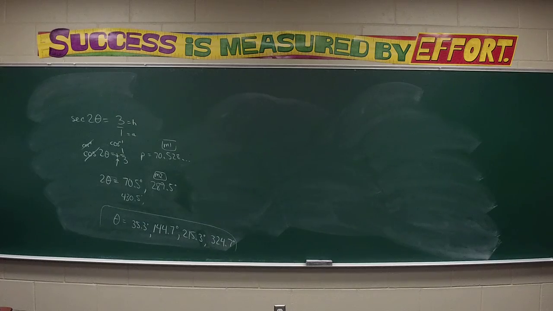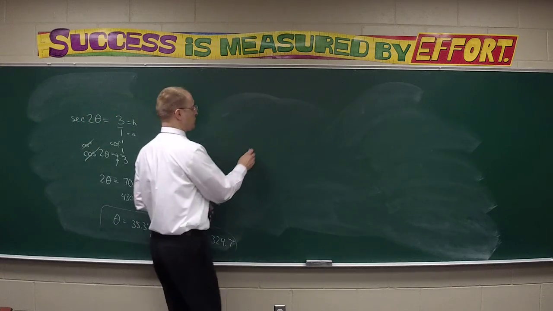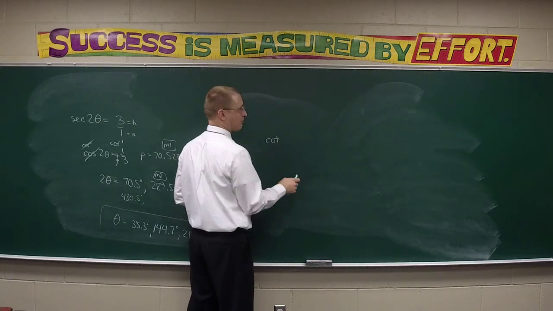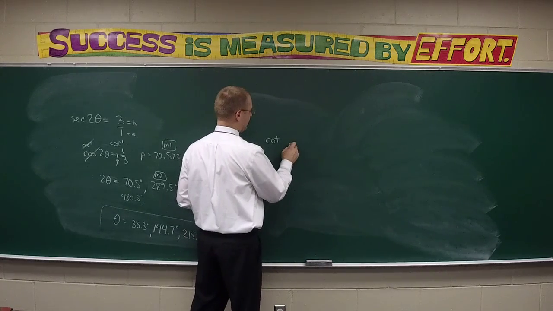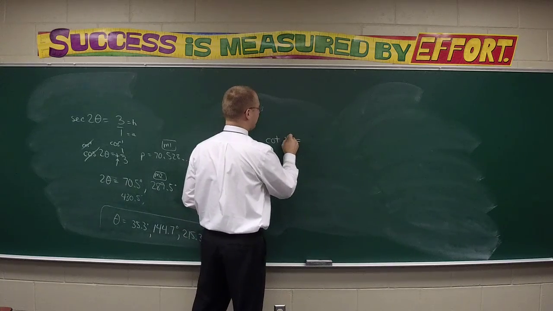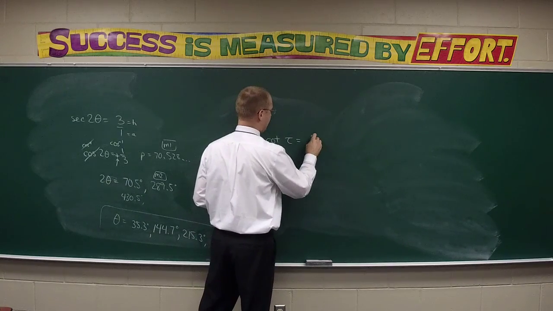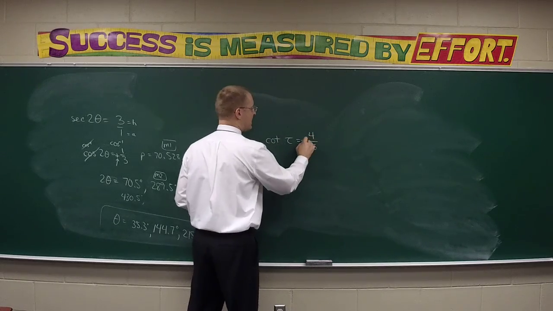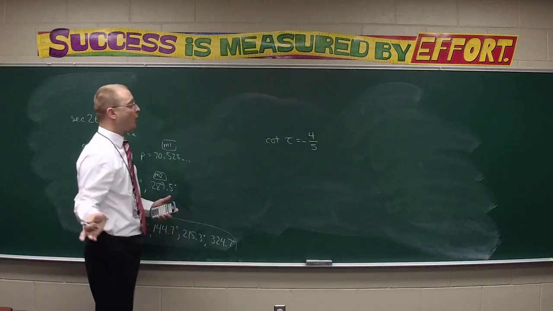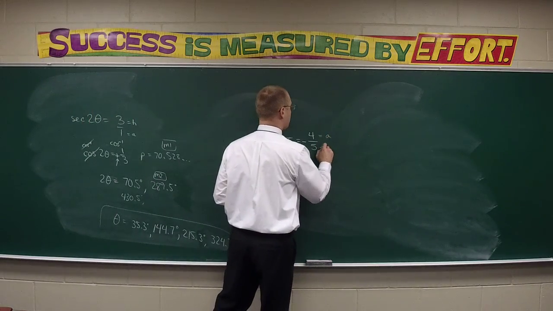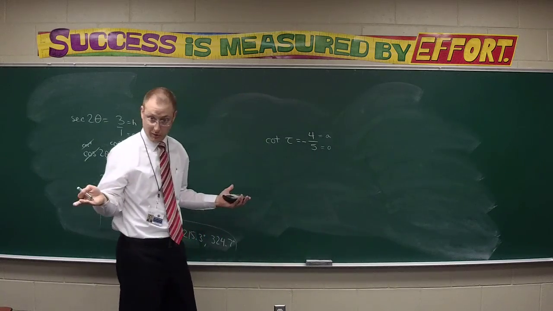Okay, so let's say, for instance, we've got the cotangent of tau is, let's say, -4/5, just to really mix it up here. Well, that's not a special triangle, but it's entirely plausible that the 2 legs of a triangle could be 4 and 5, correct?